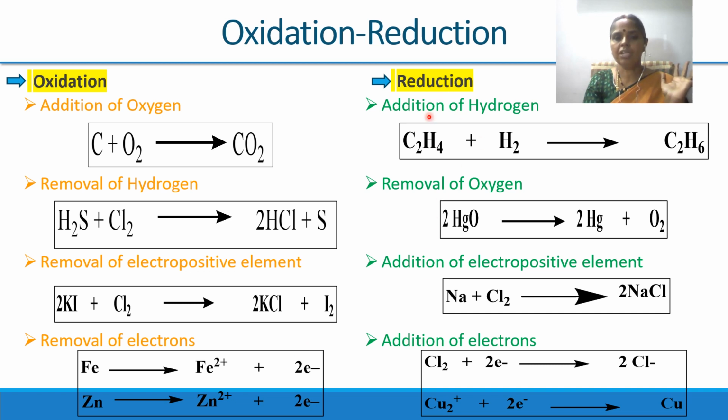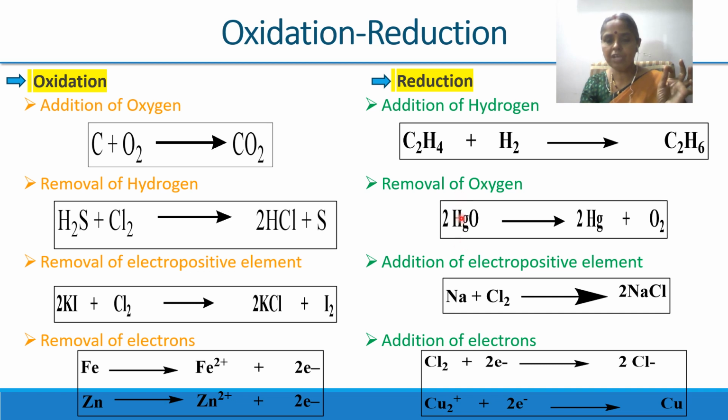Now, let us see what is reduction. Reduction is addition of hydrogen. You can see here C2H4 adding hydrogen to form C2H6 is reduction. Addition of hydrogen. Another definition is removal of oxygen. HgO, mercury is associated with oxygen. If you remove oxygen from mercury, mercury is forming elemental mercury which is in 0 oxidation state.